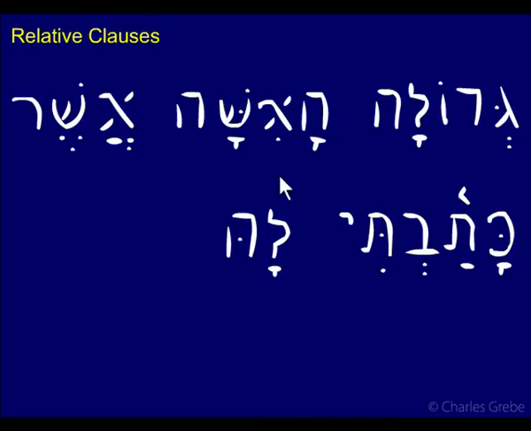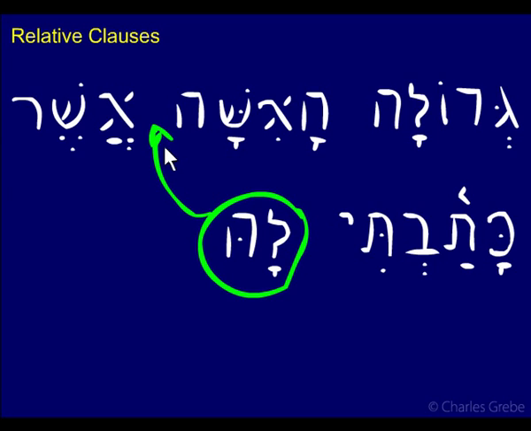We would say, great is the woman, and we would take this and put it up here. For translation purposes, in English, we would put what Hebrew puts at the end, this resumptive bit, up here with this relative clause.